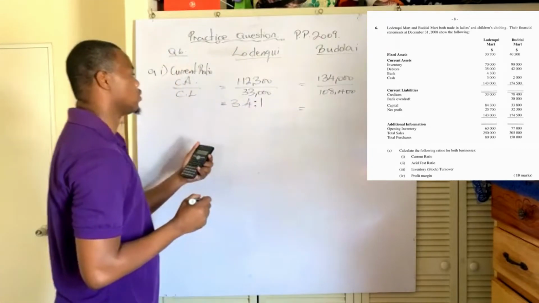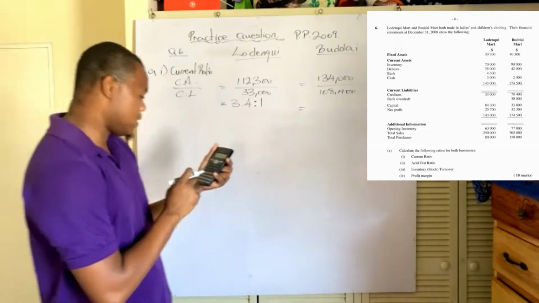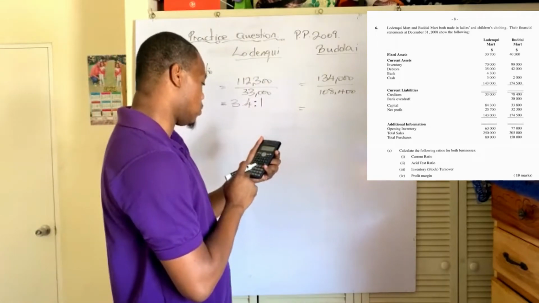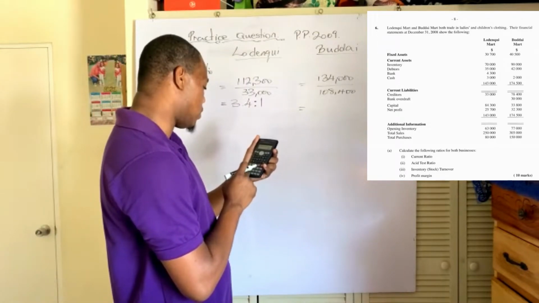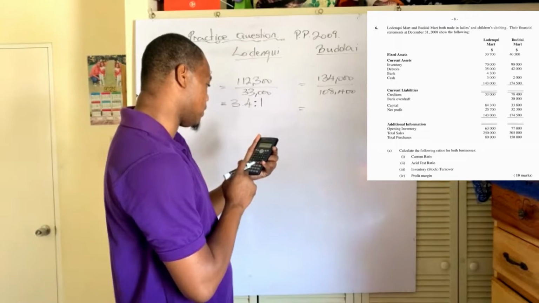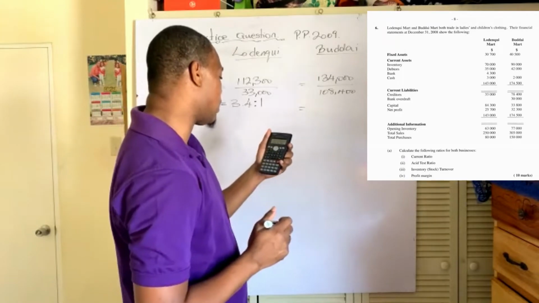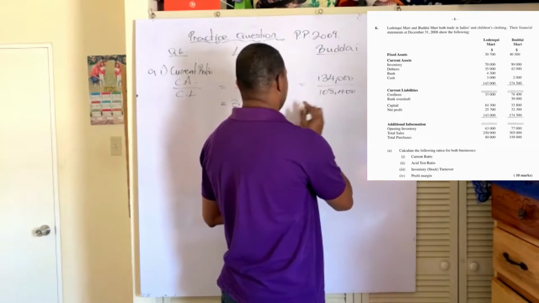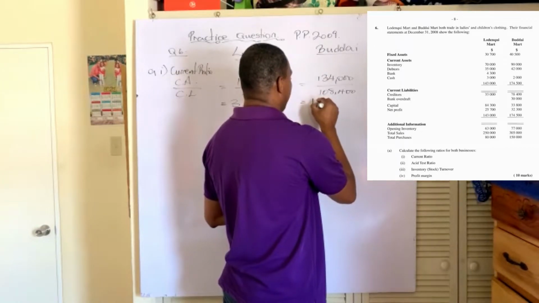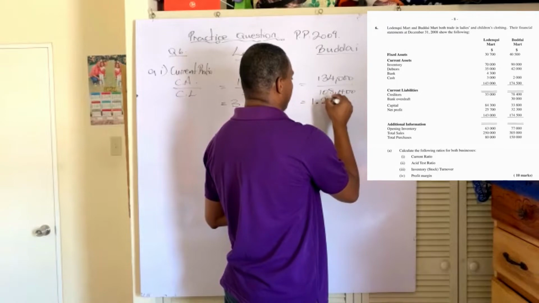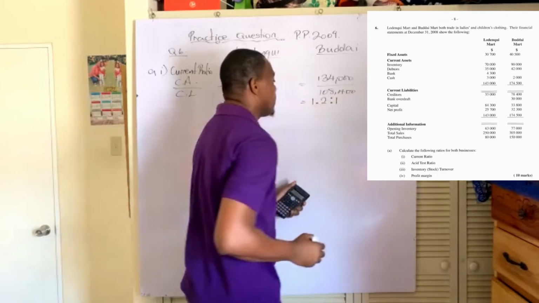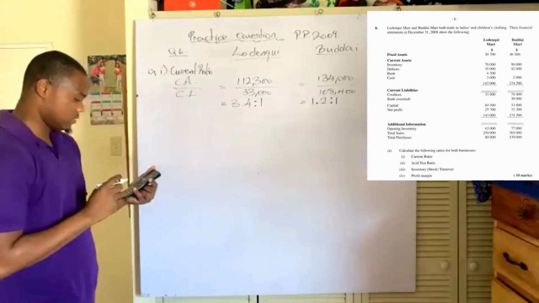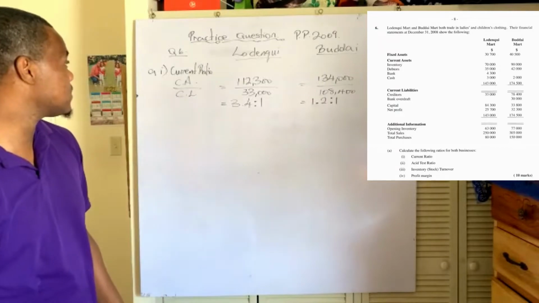That is how you write it. And for Budai, it's 134,000 divided by 108,400, equals 1.2 to 1. That is how you write it. So that's their current ratio.